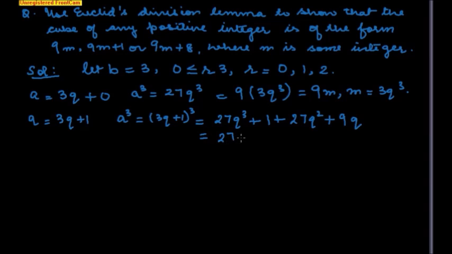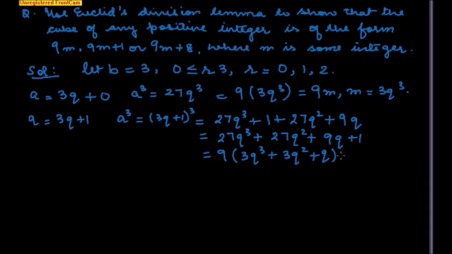I rearrange the terms here and I get 27q cube plus 27q square plus 9q plus 1. Now I take 9 common out of the first 3 terms. So I get 9 into 3q cube plus 3q square plus q, plus 1. This can be written in the form 9m plus 1, where m is equal to 3q cube plus 3q square plus q.